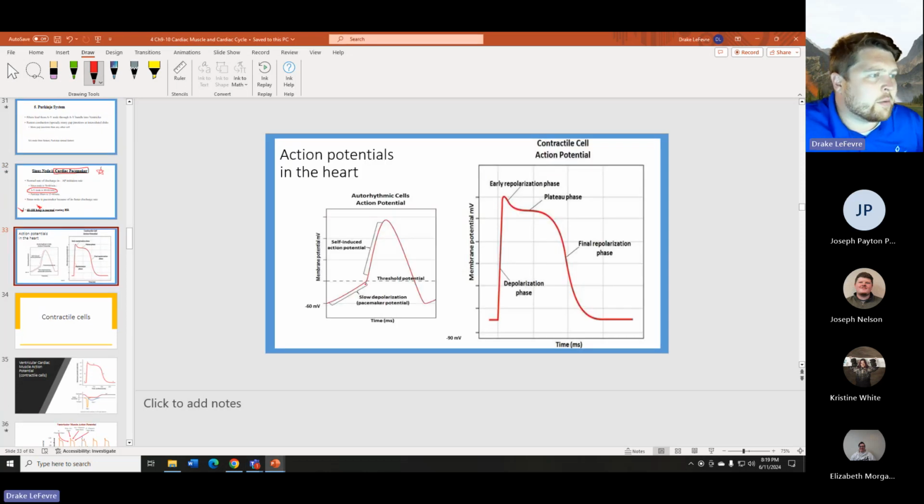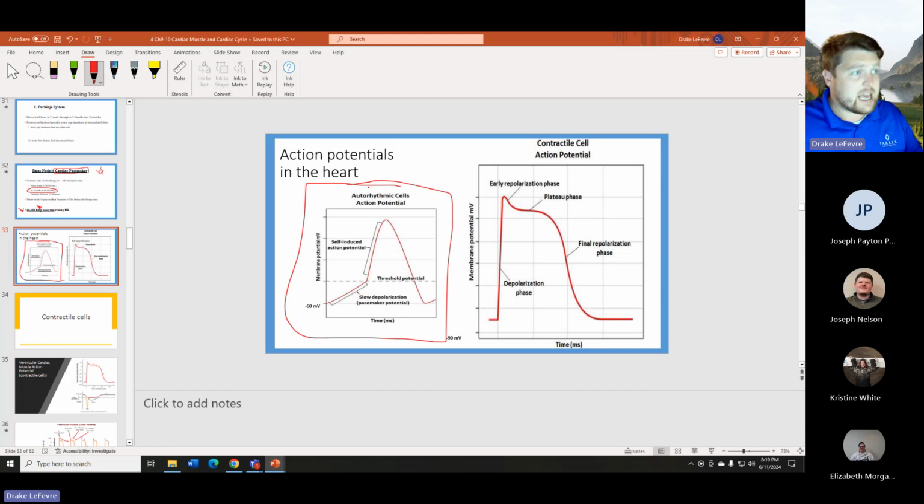Here's the other part that we really want to remember. Just like we had our action potential graph for the muscle cells, and then the actual contraction, we also have the autorhythmic cells' action potential.